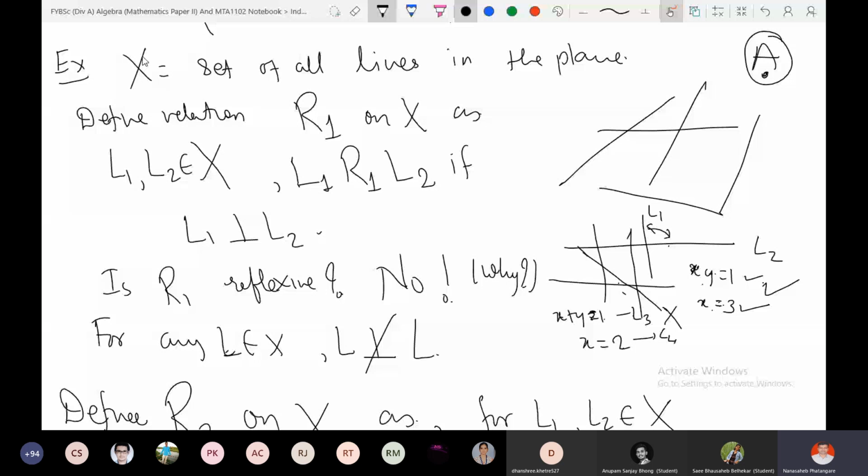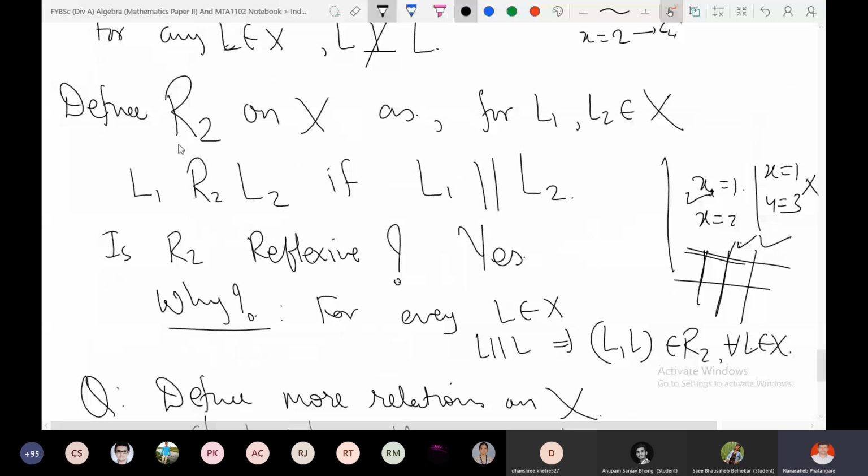Just close your eyes and choose any line. Can you say that that line is perpendicular to itself? No. Therefore that line is not related to itself, and therefore this particular relation R1 is not reflexive, but R2 is reflexive because the relation is different. All right.